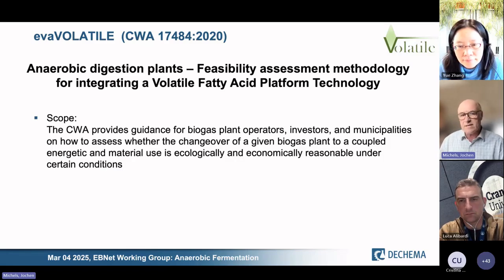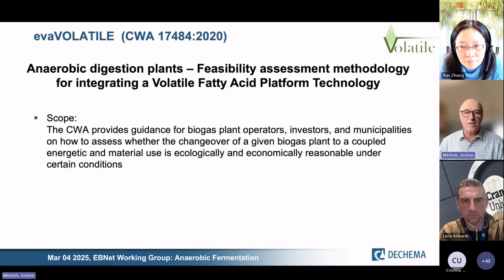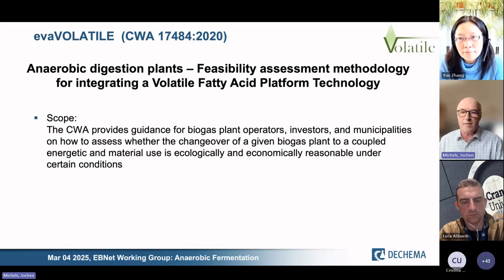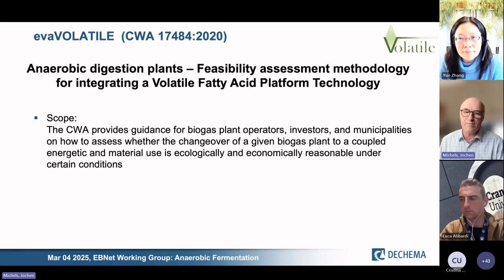The target of this CWA is not to go into detail into a certain technology and to bring a certain technology into a standard, but it is the procedure for feasibility assessment. So we put all the information we got during the project together and said, okay, how can you get forward to a decision to introduce or to integrate a volatile fatty acid platform technology in a running anaerobic digestion plant for at least municipal waste.